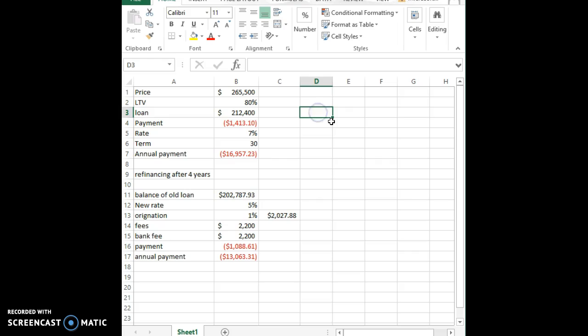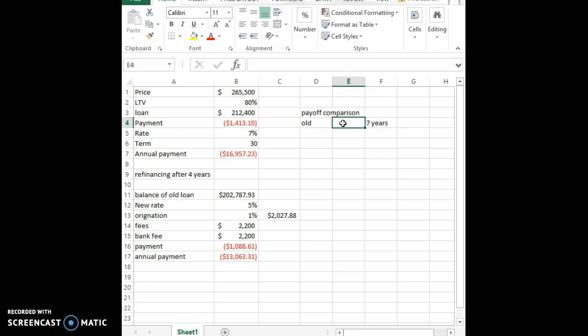Now we want to know the payoff comparison between refinancing or going with the old loan. So we want to do the comparison. For the old loan, they stay for 3 years.